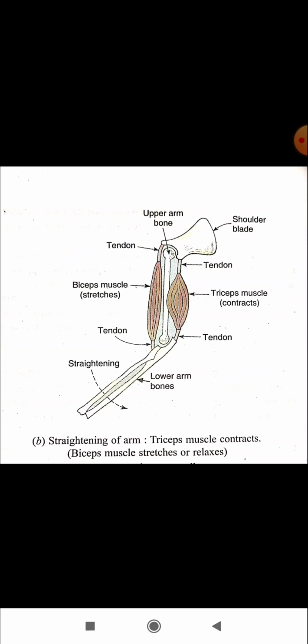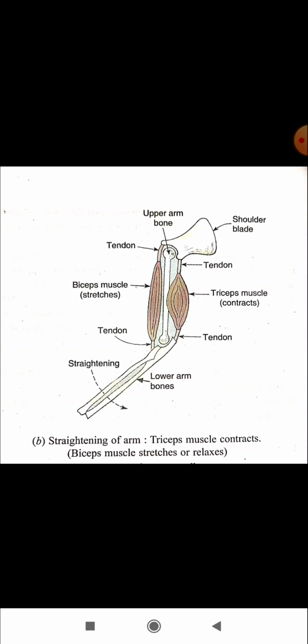When we want to straighten the arm, at that time the triceps muscle contracts, and as you can see in this figure, it contracts and the shape becomes shorter and fatter. At the same time the biceps muscle stretches out, and it becomes thinner. So the triceps muscle is called an extensor muscle.